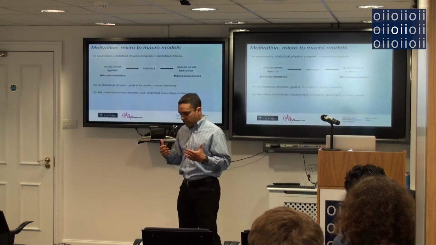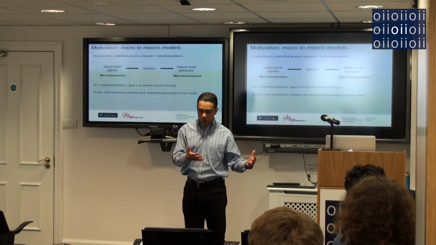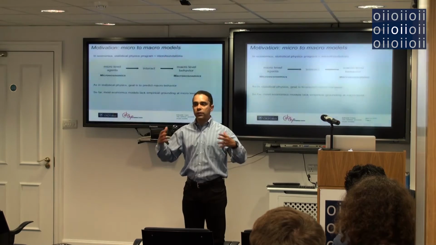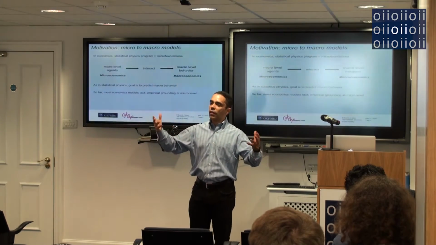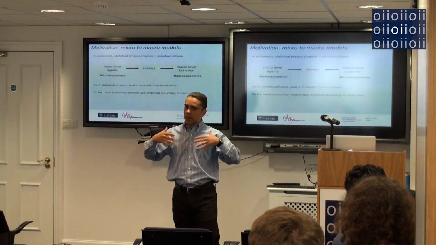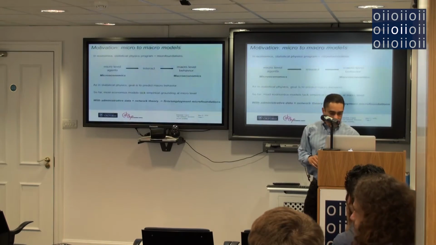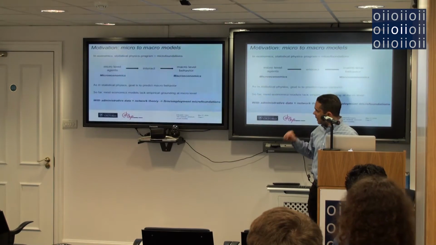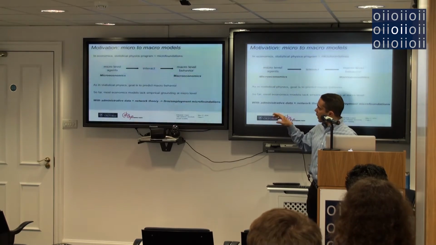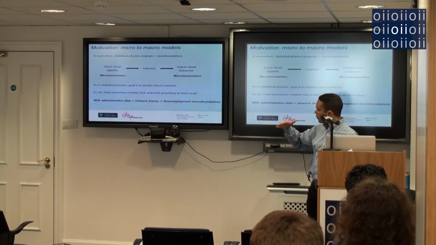And so it becomes a good choice to postulate some micro mechanisms that are consistent with the macro observations, but that in many cases have not been empirically tested. So the idea in this case is to go back to administrative data and try to construct labor dynamics from the ground up.